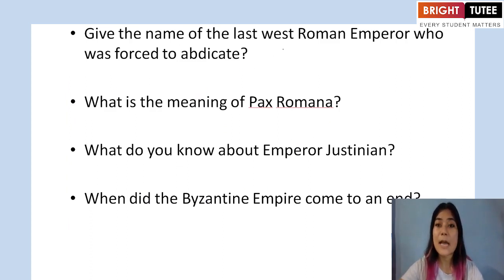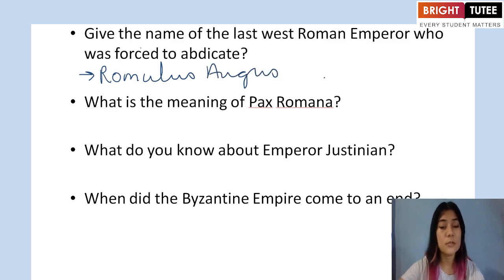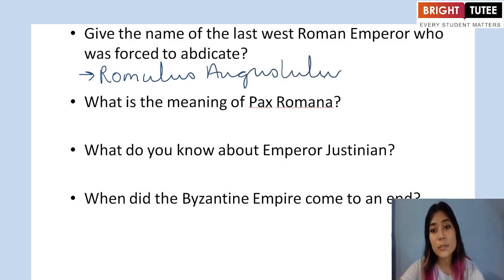Give the name of the last West Roman emperor who was forced to give up his throne to the barbarian leader who attacked and caused the fall of the West Roman Empire. So the name of the last West Roman emperor was Romulus Augustulus.